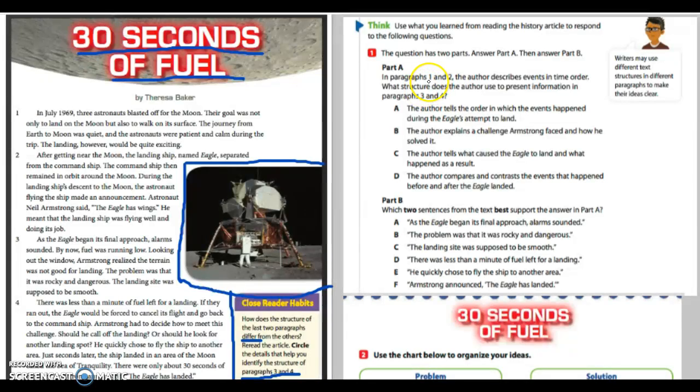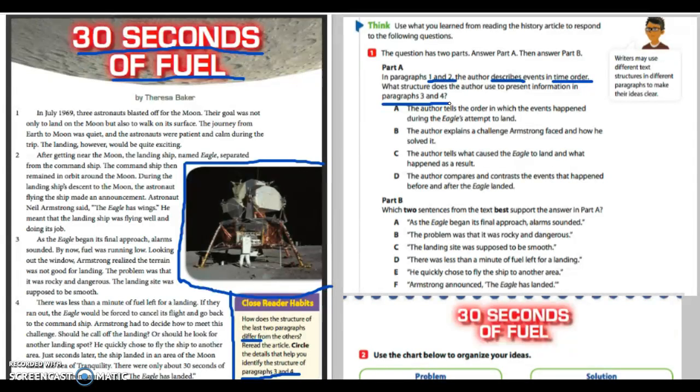So it tells us here in 1 and 2, that's a place, so I'm going to underline that. The author describes, tell me all about it, the time order. And we know that means the same as chronological order. And then it asks us, what structure does the author use to present information in paragraphs 3 and 4? So I'm going to underline 3 and 4 because that is where we will be looking for the answer.